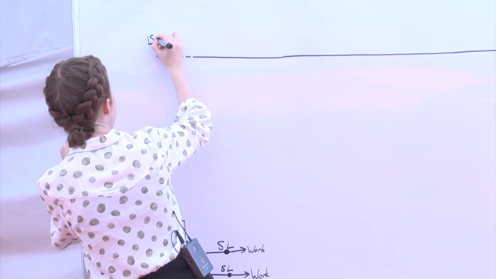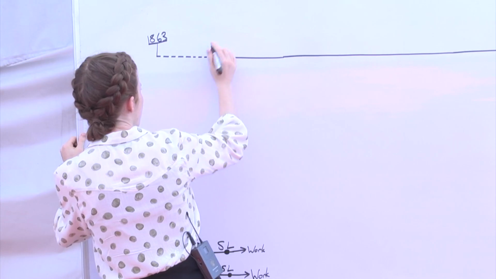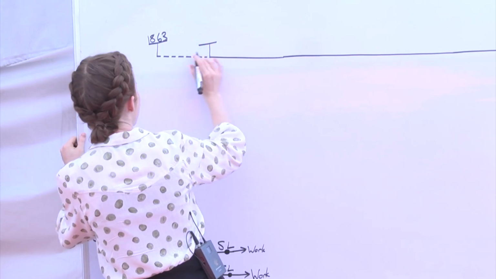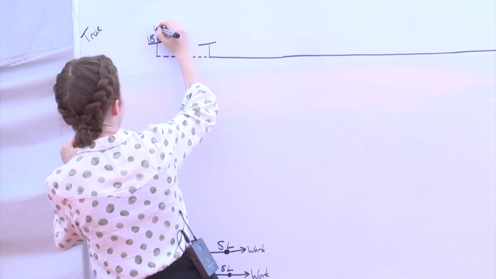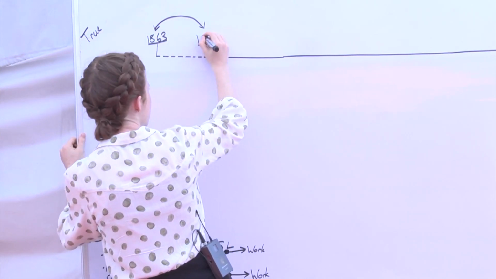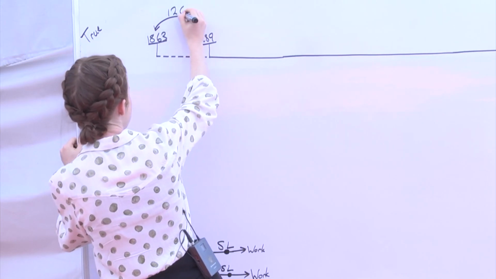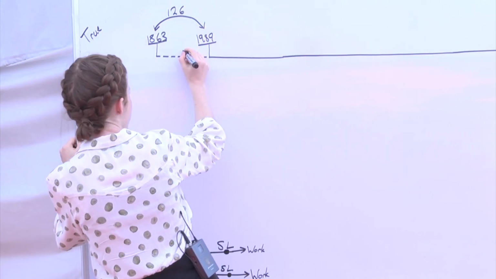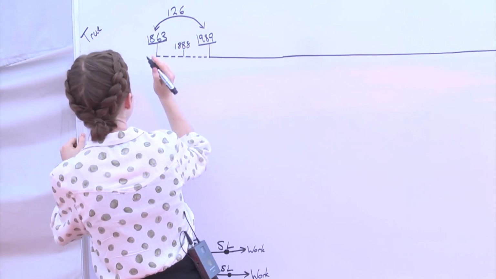This is 1863. God's people go into a scattering time. For how many years? For 126 years. And within this time period, we have the history of 1888.